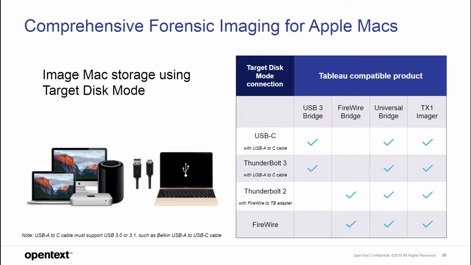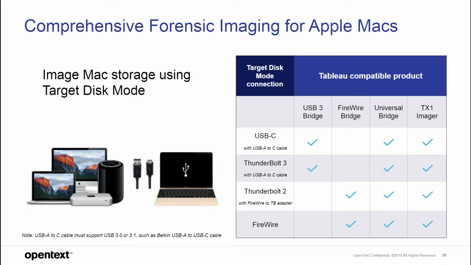This is true for both Mac media, which has been physically removed from the Mac and connected to TX1 through a media adapter, and for Mac media, which is mounted and imaged through TDM. We're still working on teaching TX1 how to mount and parse an APFS volume's directory structure. So stay tuned for future updates on that.